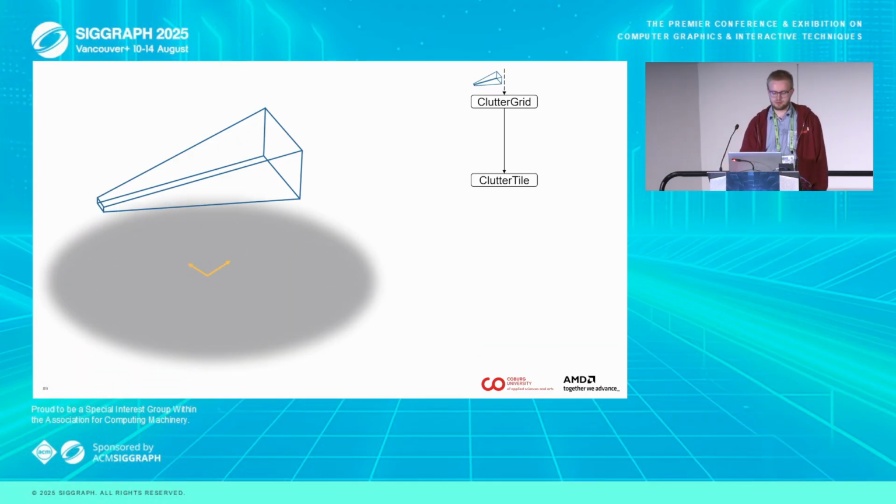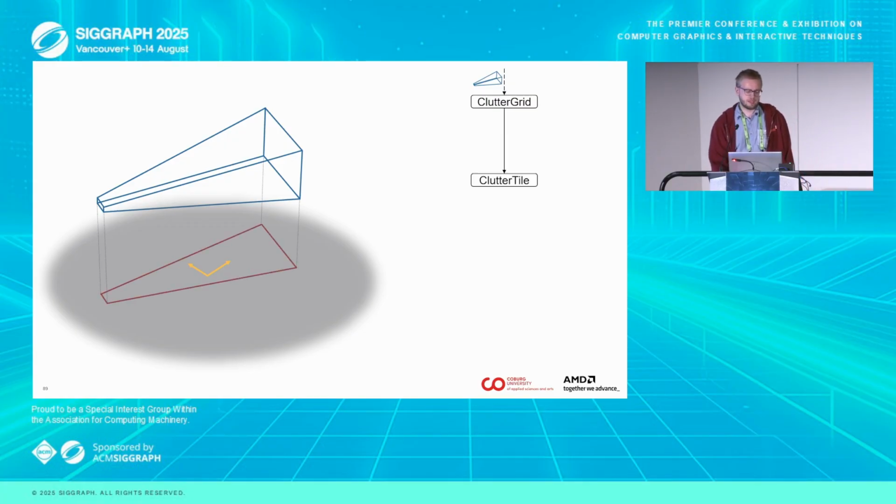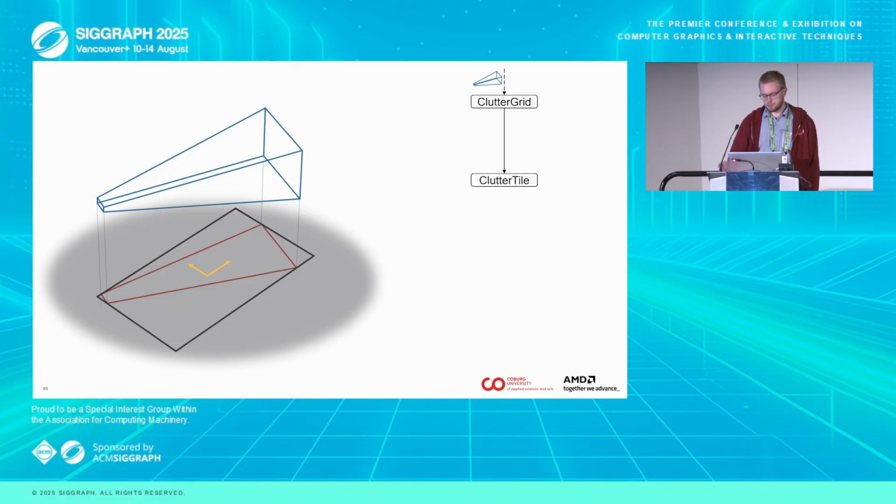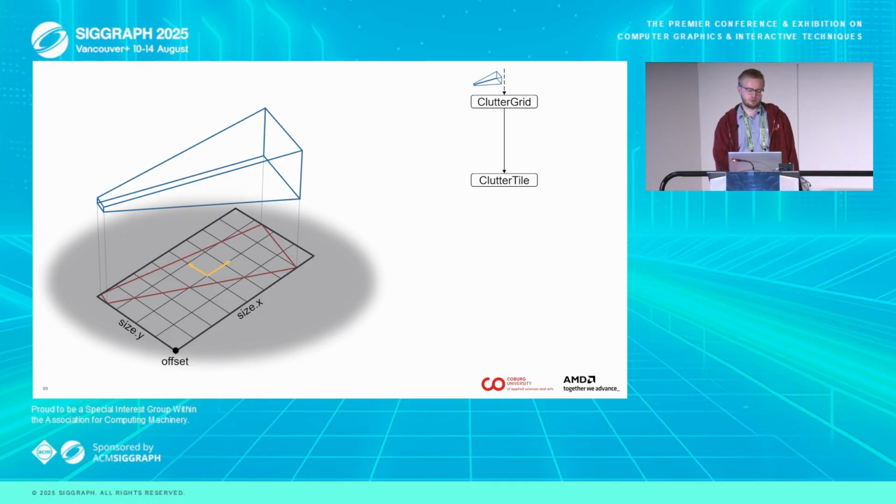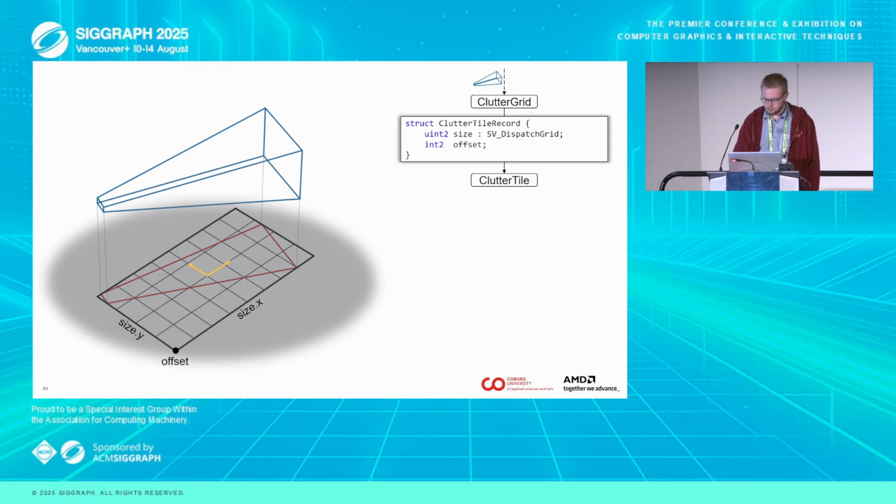And for this, we need to find the grid to launch. And we basically find the axis-aligned bounding box of the frustum in world space, and then have an offset value and the size of this grid. That's part of the dynamic broadcasting launch dispatch grid, and then we launch a grid of clutter tile kernels. So this is the record, how it would look.